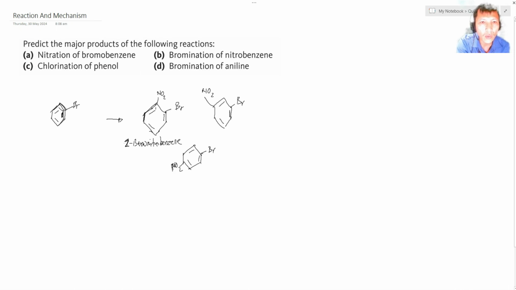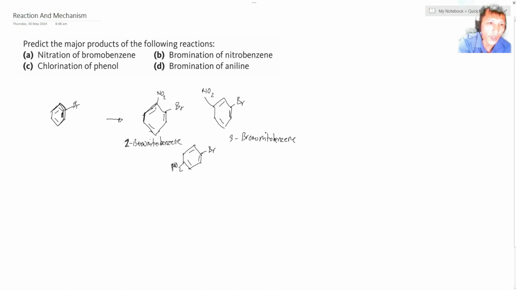This other one would be 3: 1, 2, 3. So that would be 3-bromonitrobenzene. Of course, the 3 goes to your bromine because that is the substituent, and NO2 and benzene would be the parent.